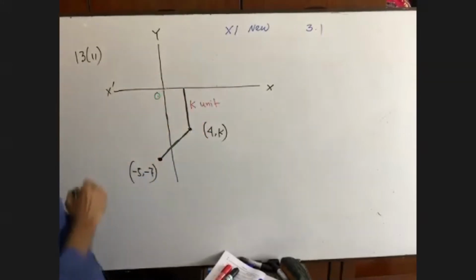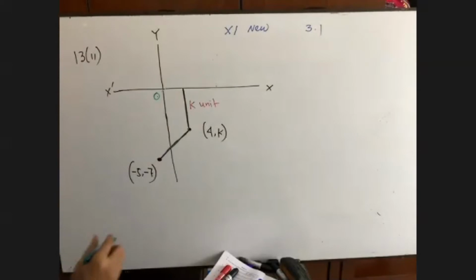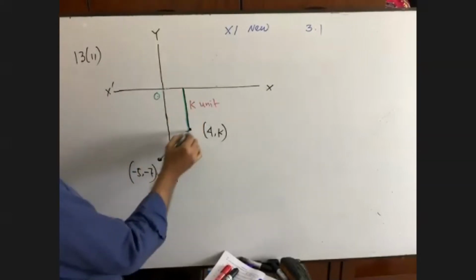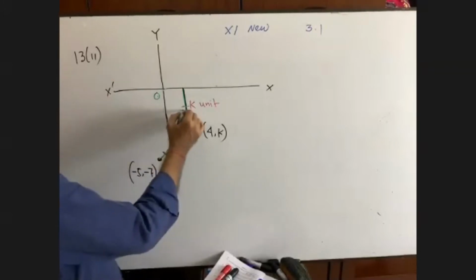Now please do it. That means this distance and this distance are equal.